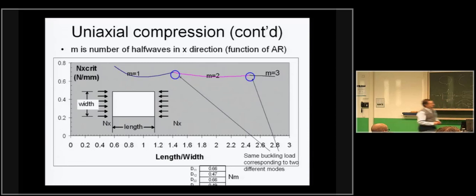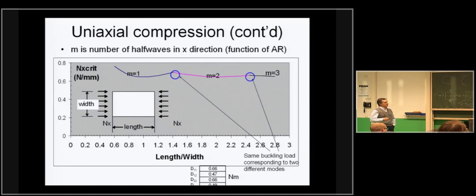If I plot, because the other parameter besides M is the aspect ratio, so length divided by width is my aspect ratio, I pick a laminate which has the D matrix shown here, and I plot my critical buckling load in newtons per millimeter as a function of aspect ratio, and you will find that the critical buckling load changes with the number of half waves.